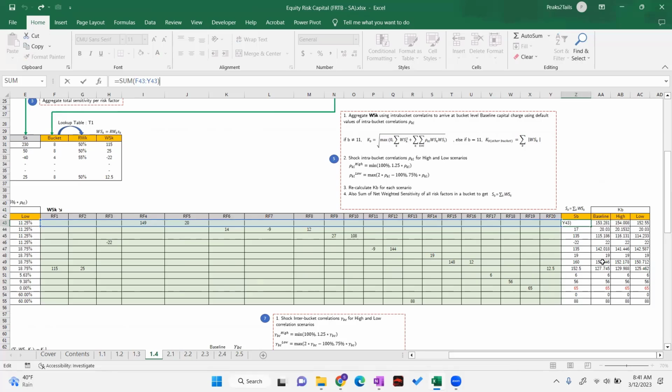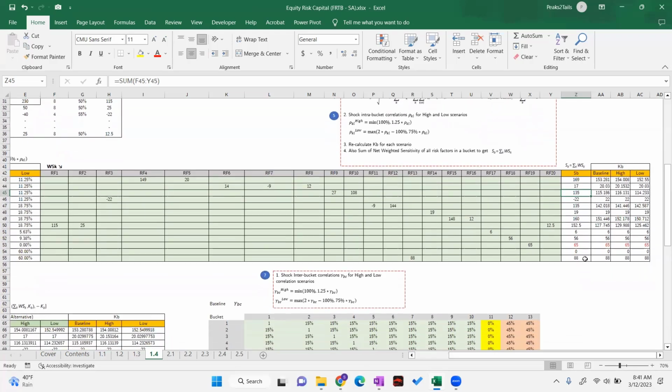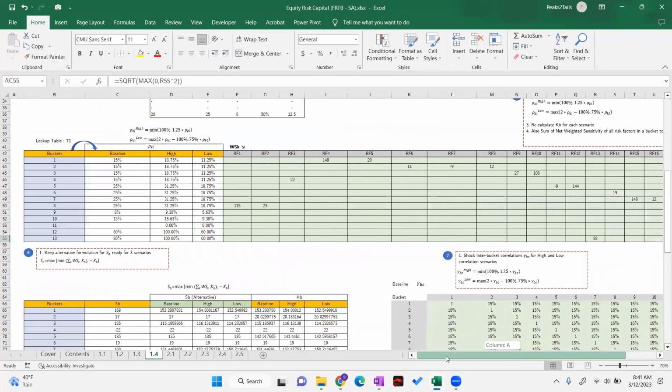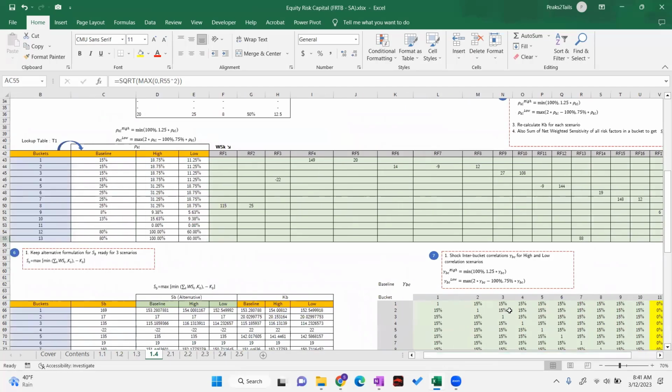Look at the formula: sum for all K, that means for all risk factors, weighted net sensitivity, just a sum. We need that for the next calculation. I'll pause here. Any questions till this table? All clear. Okay, awesome. So step number 5 is complete.